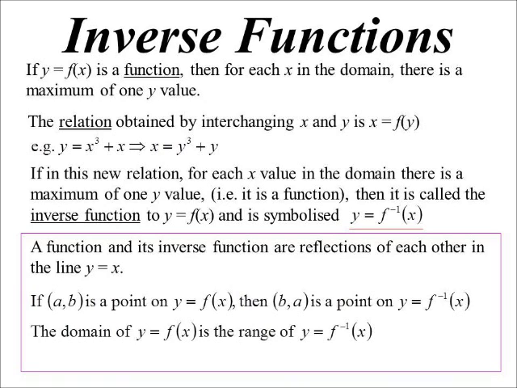The domain of the original function will become the range of the inverse function. So if the original function has a domain of x is in between -2 and 2, then the range of the inverse function would be y is in between -2 and 2. And the same thing happens with the range. The range of the original becomes the domain of the inverse.